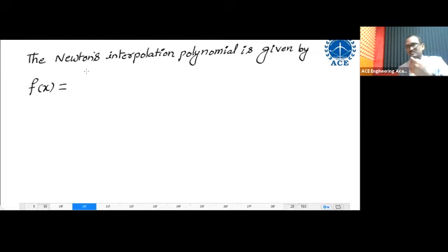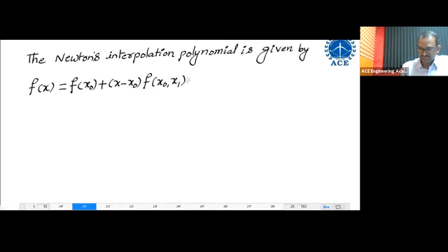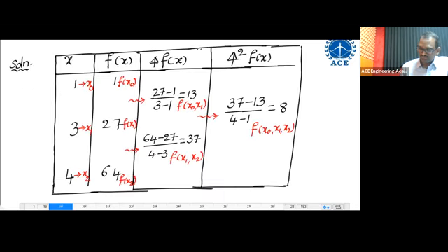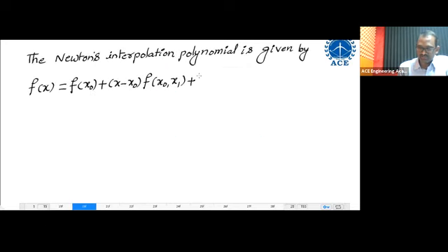You can assume f of x or p of x, no issue. f of x0 plus x minus x0 into f of x0 comma x1. We need up to f of x0 comma x1 comma x2. Formula you remember I gave. Plus x minus x0, x minus x1, f of x0 comma x1 comma x2.